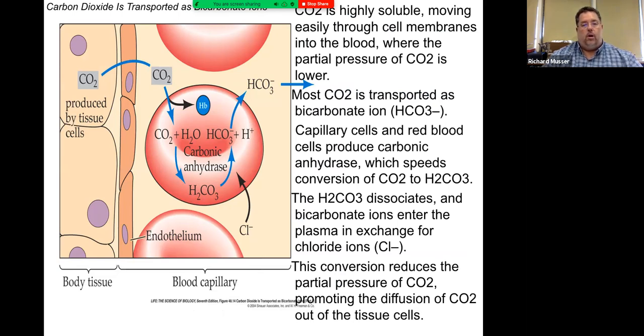Now, remember, carbon dioxide is actually not going to attach to the hemoglobin. Carbon monoxide would, and irreversibly in most cases. So carbon dioxide is produced by the tissues during cellular metabolism. Remember, when we break down sugars and lipids and so forth, we're going to break it down into CO2.